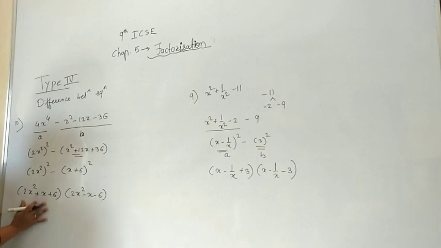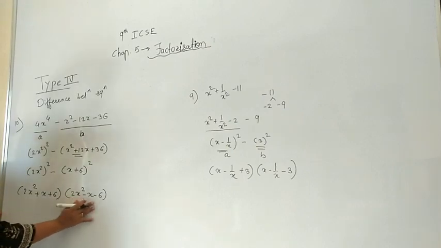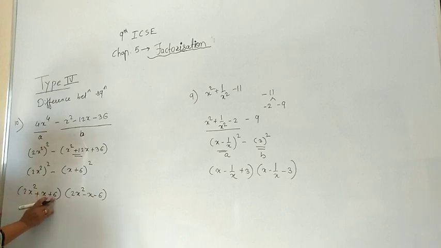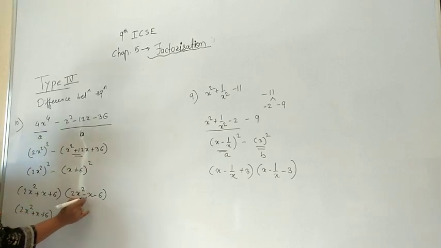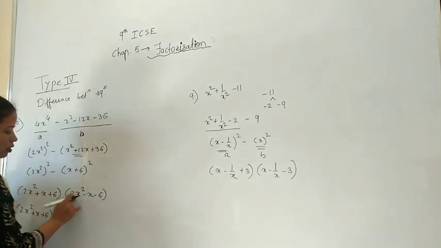Further factorization is possible in this bracket. In this bracket it is not possible because 6 twos are 12, means a into c is 12, and we want a difference of plus 1. So this bracket is not possible. So this bracket we carry to the next step as it is. But in this bracket, minus 12.